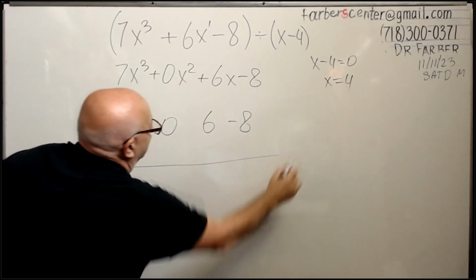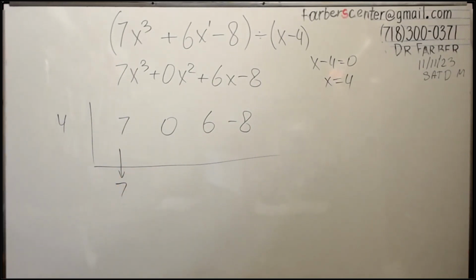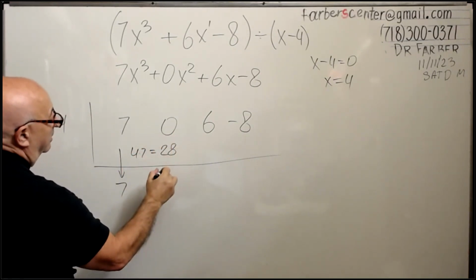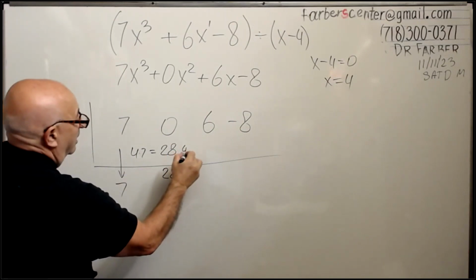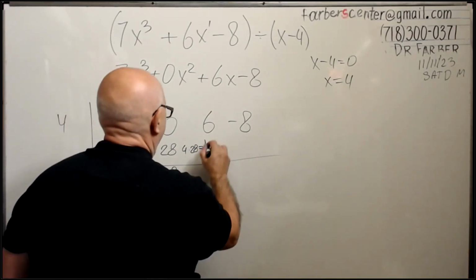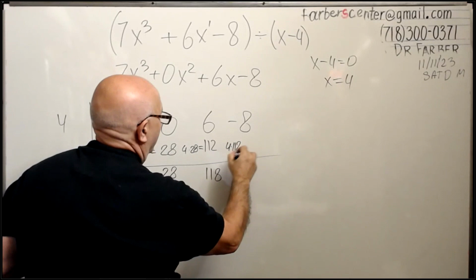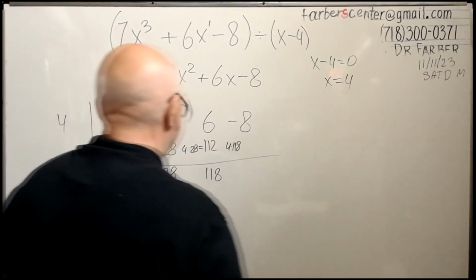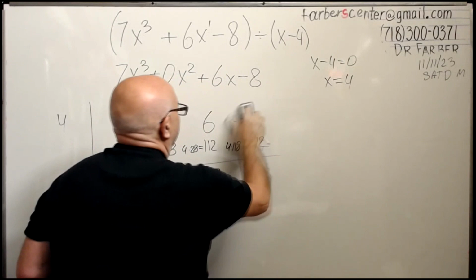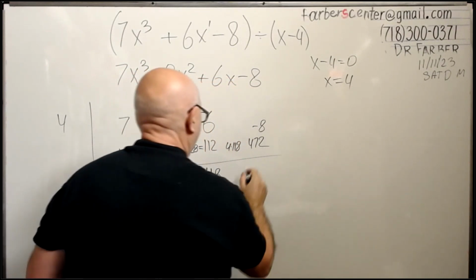Make this angle, put 4, bring down 7. 4 times 7 is 28. 0 plus 28 is 28. 4 times 28 is 112. 112 plus 6 is 118. 4 times 118 is 472. And minus 8, and you get 464.